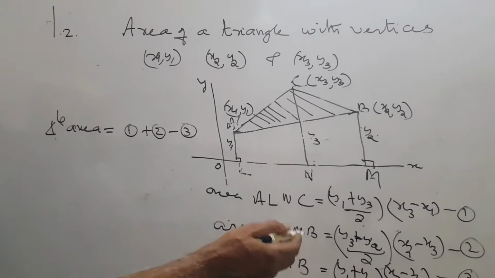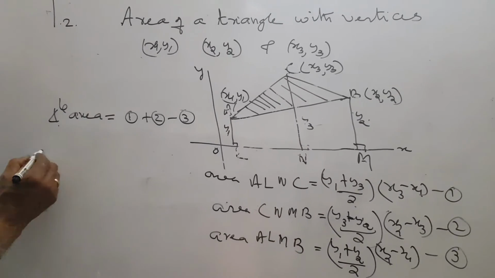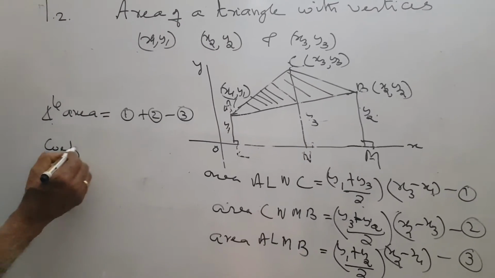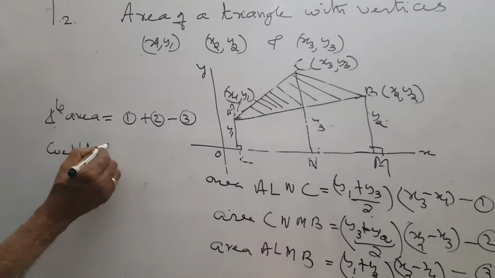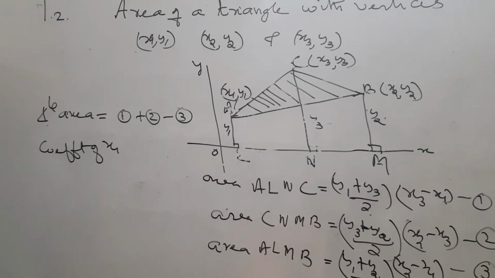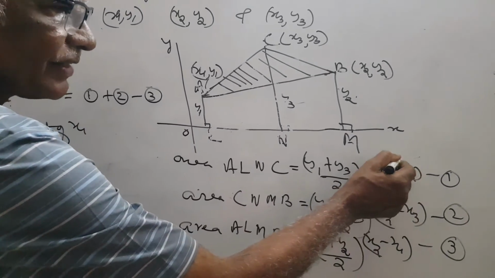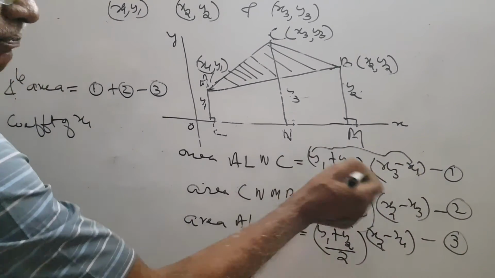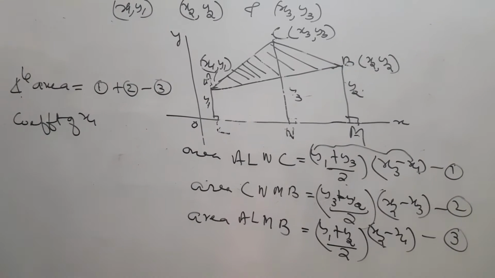Now for evaluation of this formula, we take the coefficient of x1. Now we see here minus x1 is multiplied by (y1 plus y3) by 2.